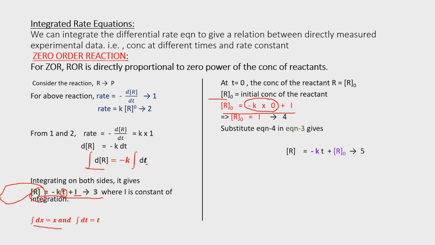Substitute equation 4 in equation 3 gives r equal to minus kt plus r naught. Comparing with y equal to mx plus c, then you will get a slope equal to minus k, intercept equal to r naught.